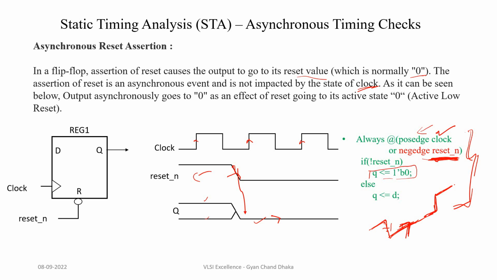If the reset signal goes from low to high, this always block is not going to trigger based on the reset signal, because the always block is sensitive to the negative edge of the reset, not the positive edge of the reset. So during de-assertion, because of only the reset signal, this code is not going to execute. The code will only execute at the next positive edge of the clock.